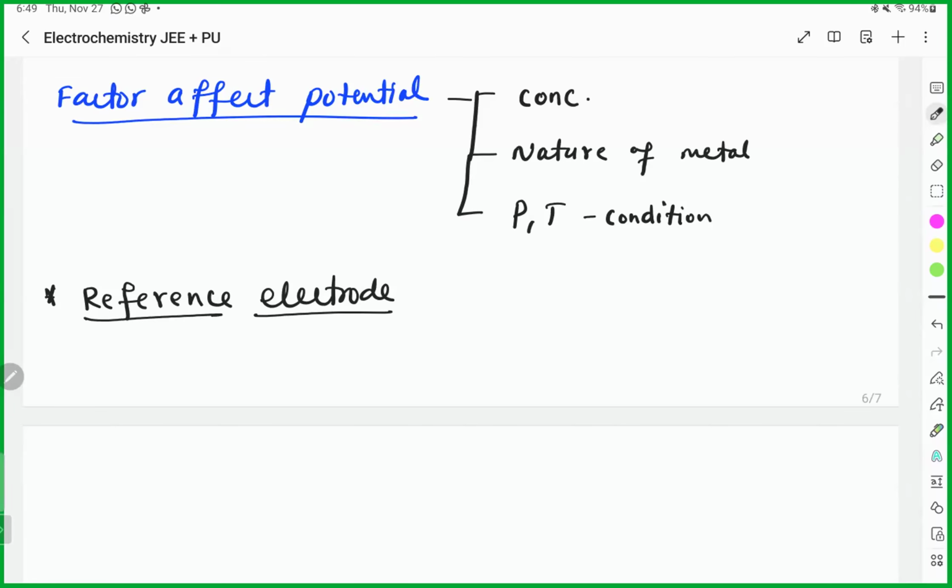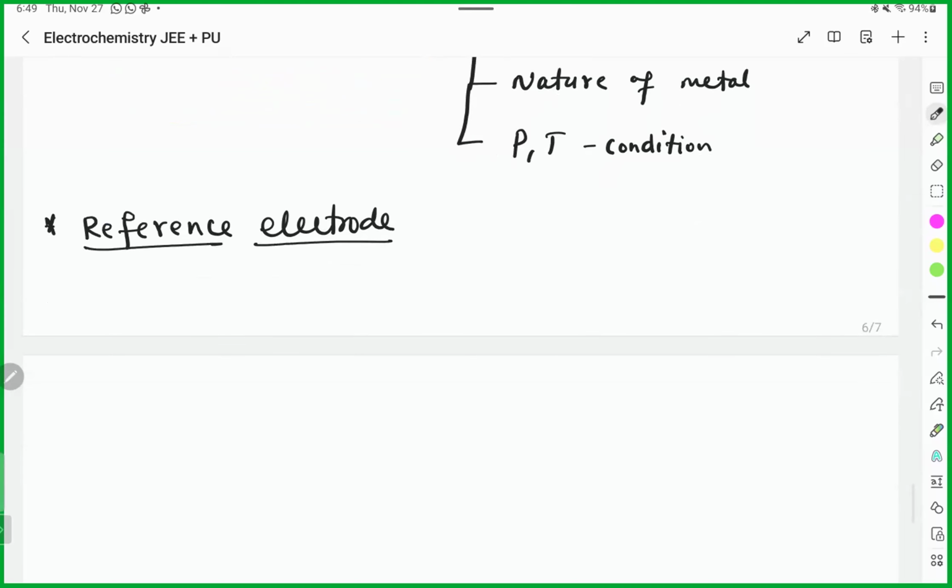Understood. First thing, whenever we are taking a reference electrode and calculating potential, we always take potential difference, because you have to always compare. You can't calculate the exact potential of one electrode.